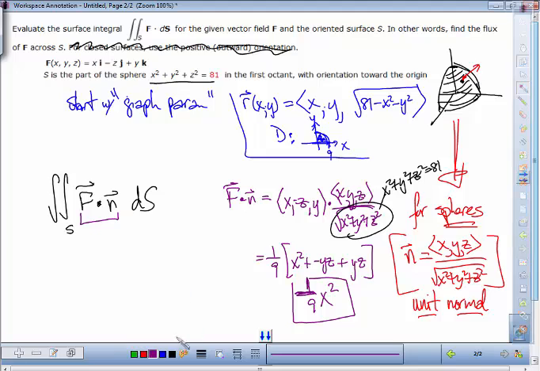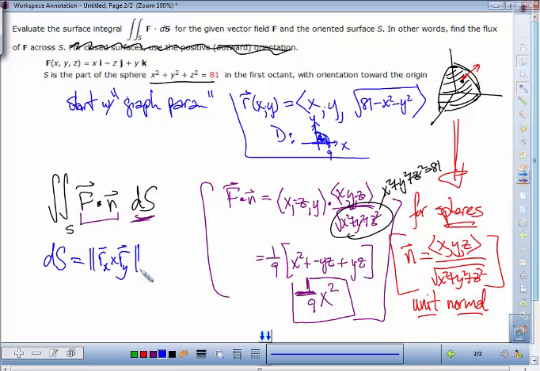Now I want to look at my dS. So what's dS equal to? dS is equal to the magnitude of r_x cross r_y. Now, is this one of those things that we've seen enough that we should know what it is?